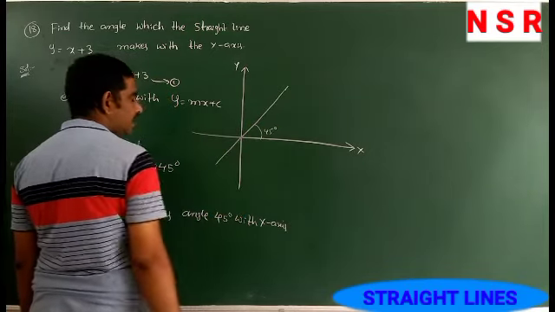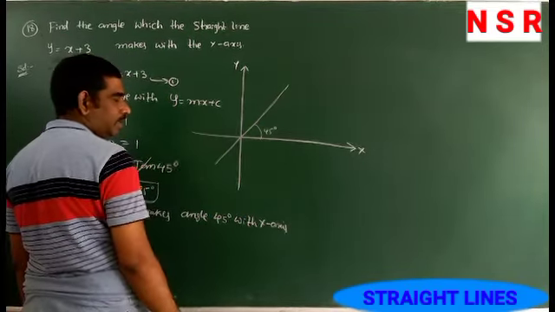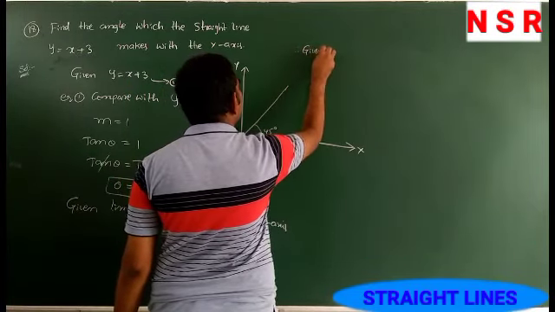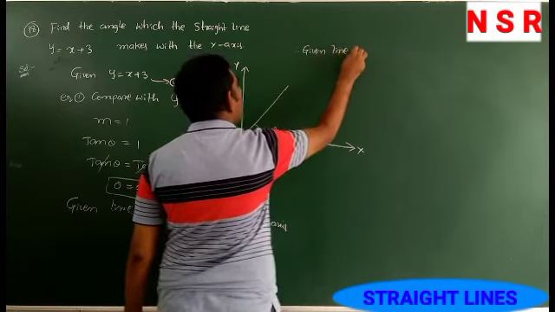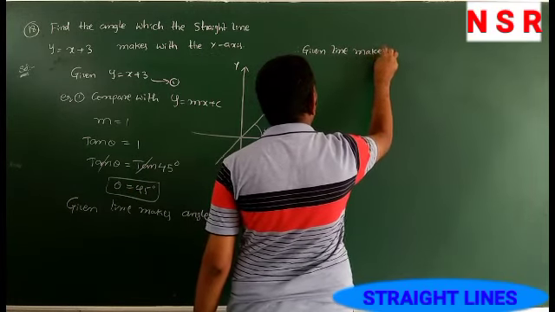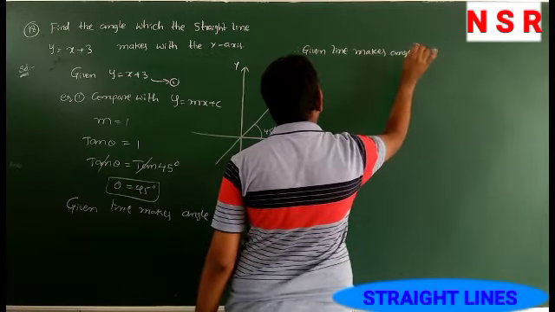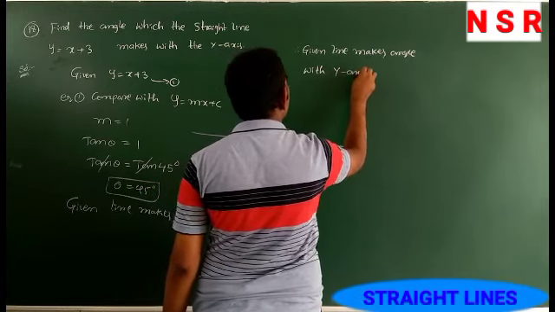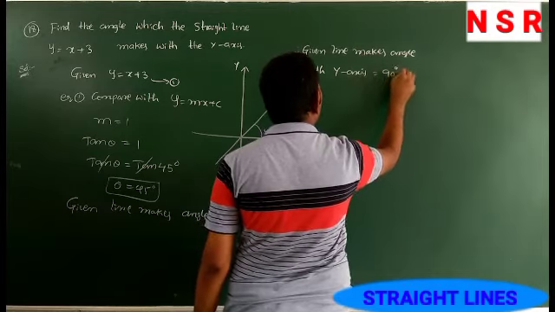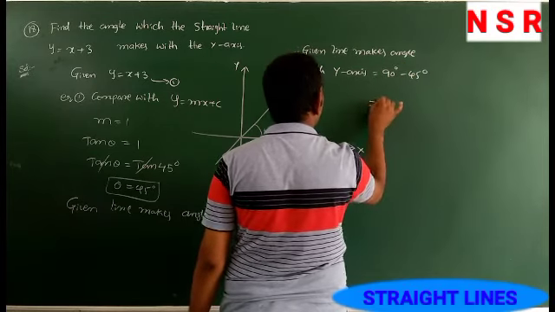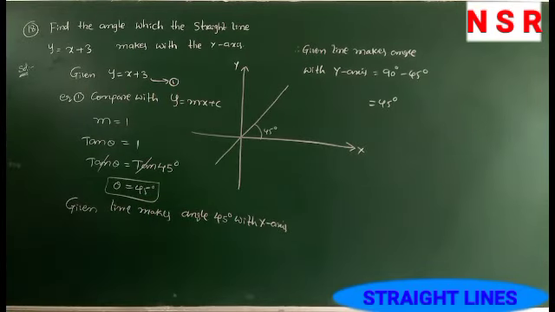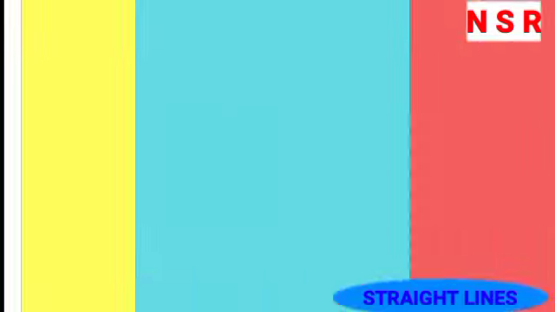Already we have the x axis angle. So the given line makes an angle with the y axis equal to 90 minus 45, which is 45 degrees. So the given line makes an angle of 45 degrees with the y axis.